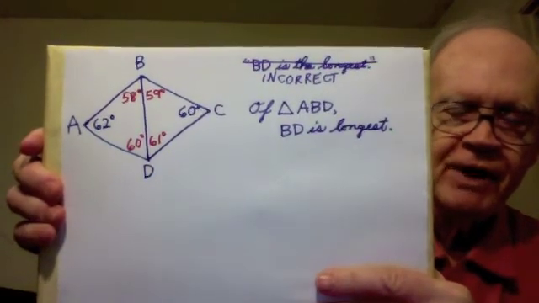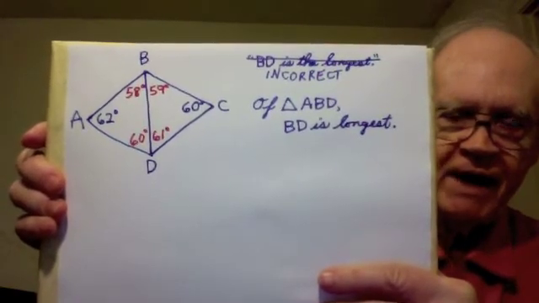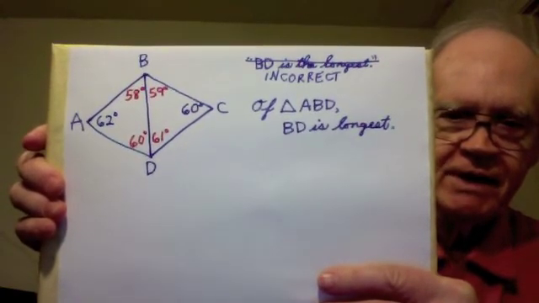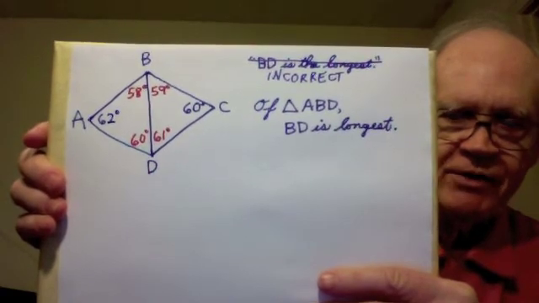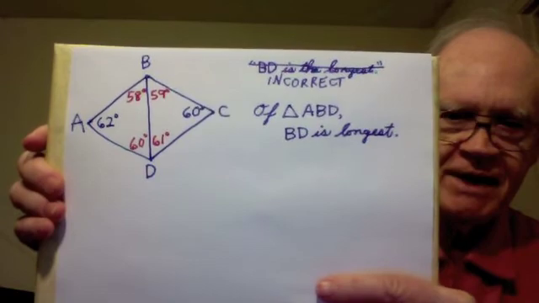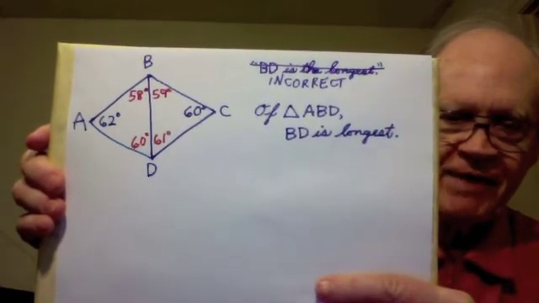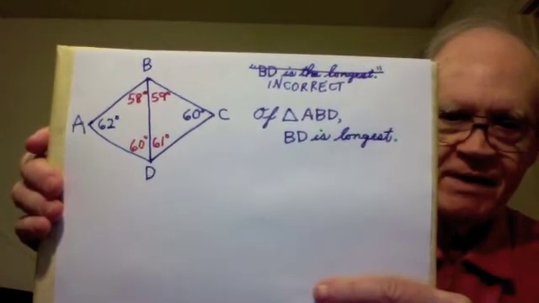But now focus on the other triangle, triangle BCD. Here we have angles of 59, 60, and 61 degrees. 61 degrees is the largest of those. That's one of the angles at D. And in triangle BCD, the side opposite that angle is side BC.